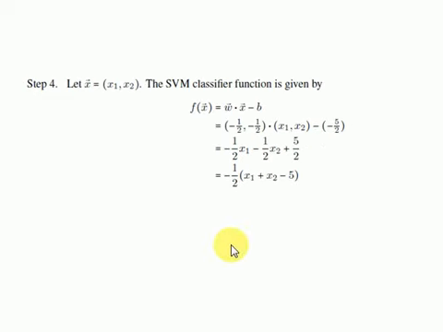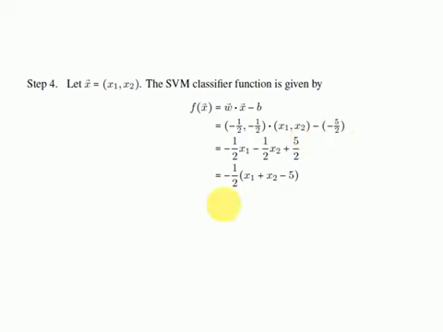Then comes the last step, that is, we got to find the equation of the discriminant function f of x. It is a linear discriminant function, so we have wx minus b. So that will be minus 1 by 2, minus 1 by 2 into x1 x2 minus 5 by 2.